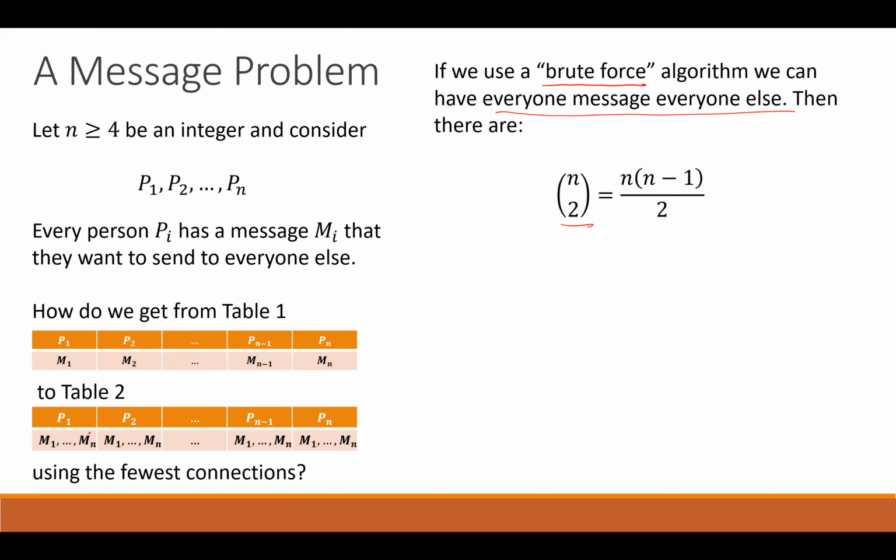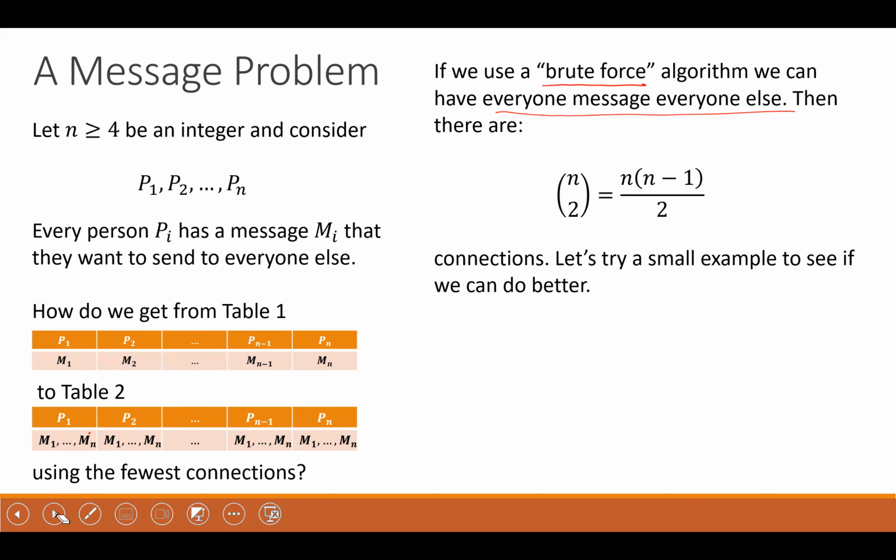So that is n choose 2 connections in total, and if I expand that out, it's equal to n times (n minus 1) over 2. So this is brute force, and it's probably overkill. So let's see if we can do a little bit better.